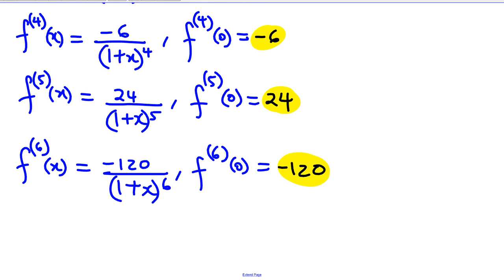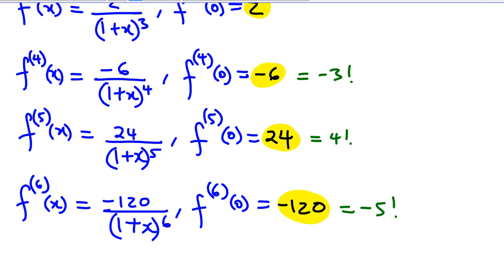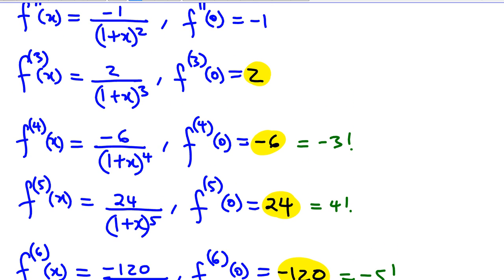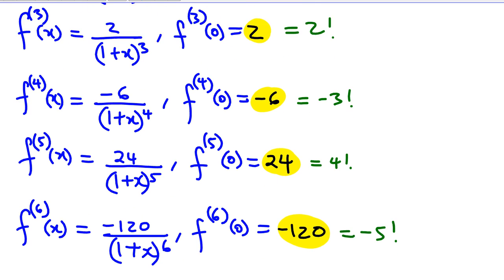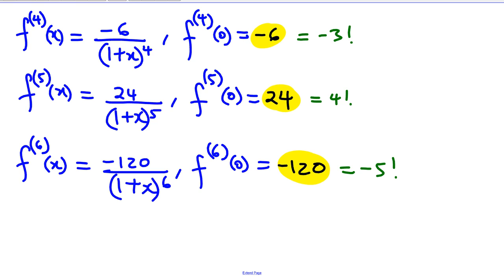So we can write these in terms of factorials. So this can be written as negative 5 factorial, 4 factorial, negative 3 factorial, and 2 factorial, which is just 2 anyway. And we'll use that later on when we'll be plugging these coefficients into the Maclaurin series.